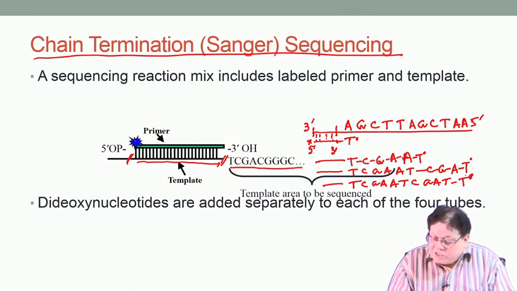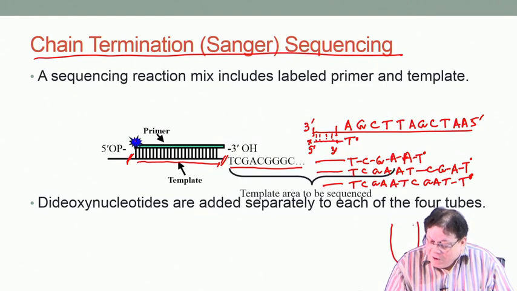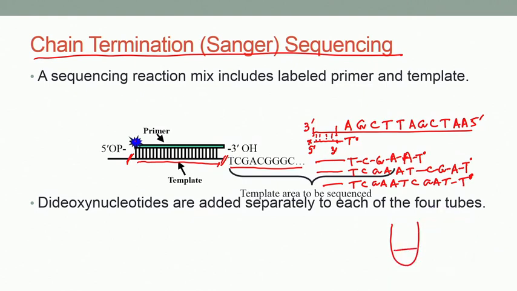So, in a test tube, suppose I take the single-stranded DNA, then I add the DNA polymerase, I add magnesium, I add all the deoxy NTPs, the normal ones, then I add in this test tube only DDTTP, that means the dideoxy TTP.